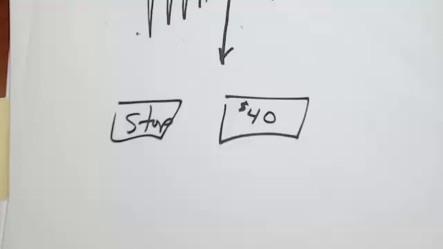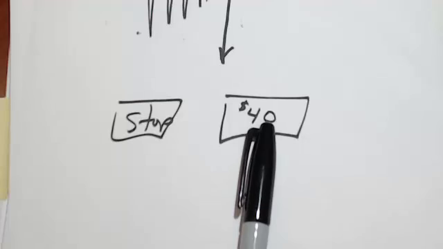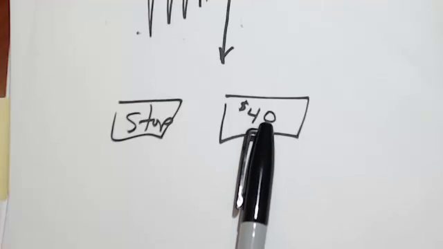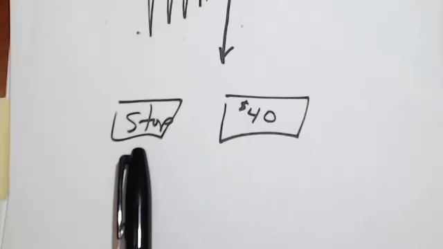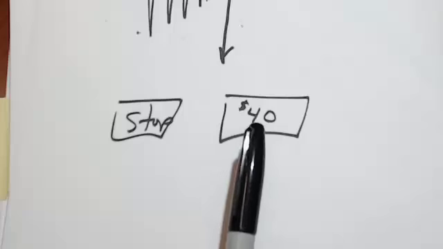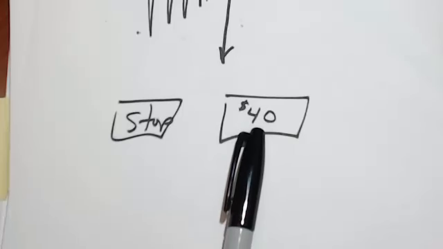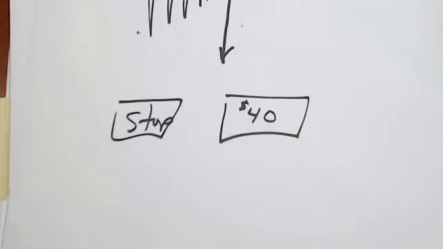And so that's the stop price. The stop price is a trigger price. And what it triggers, when the market actually reaches $40 a share, is a market order. So when you put a stop buy order in and the market hits $40, it's going to trigger a market order, which means you're right back to square one with market orders.